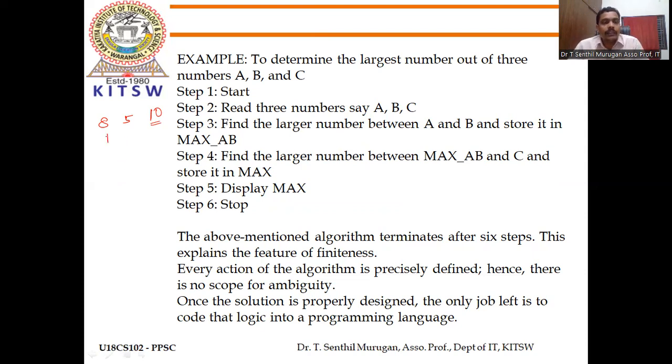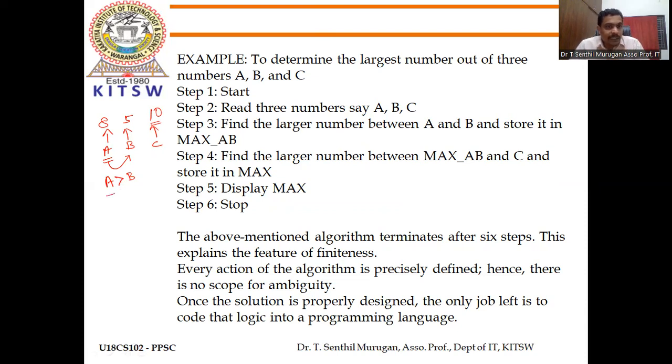We can take 3 variables: A, the second variable B, and the third variable C. First, take the A value and compare it with the B value: is A greater than B or not?